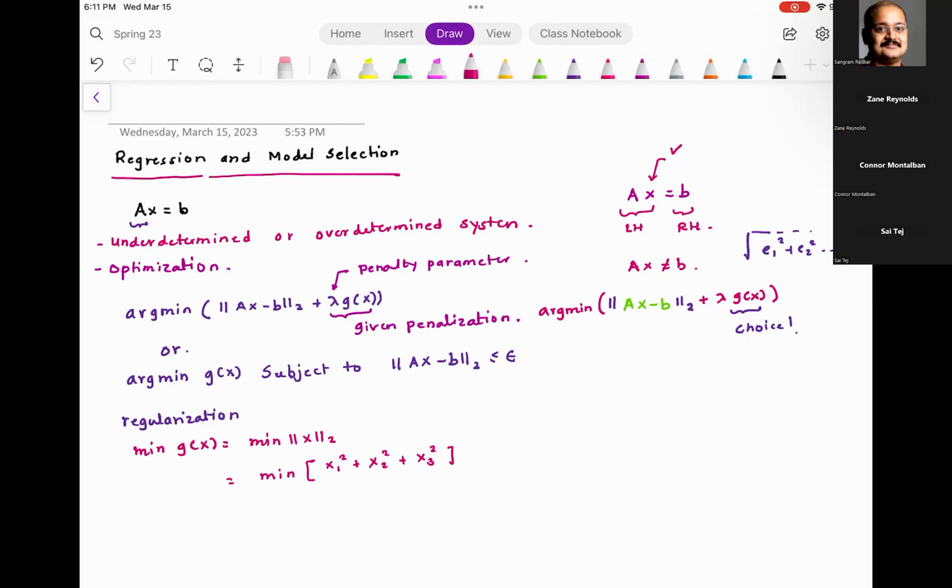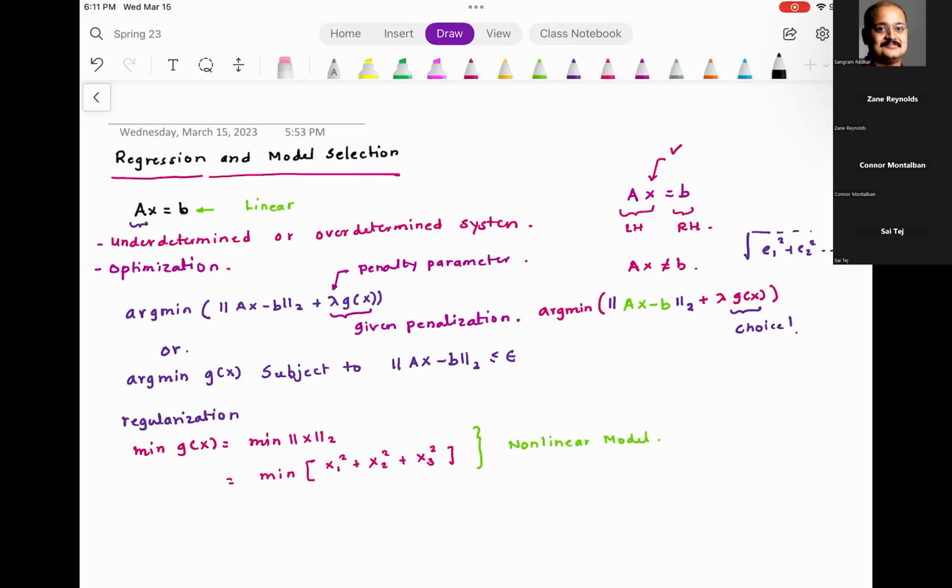Now, this problem is really tricky when we look at nonlinear models. Here we can think of this as a linear model. But if we have a nonlinear model, then solving this equation in closed form may not be possible, and we have to resort to numerical techniques.